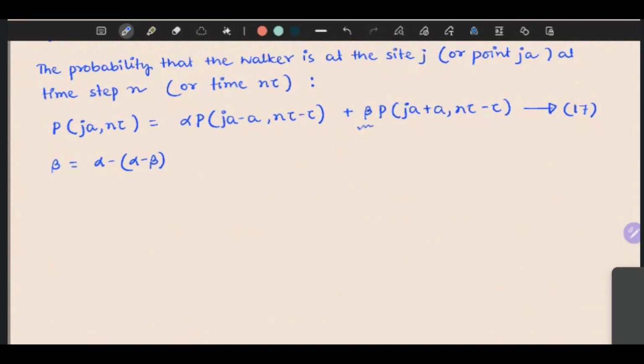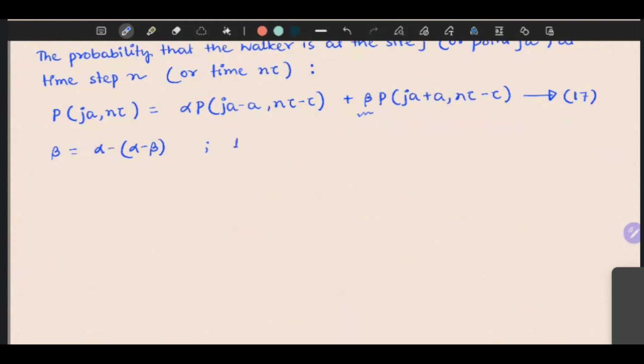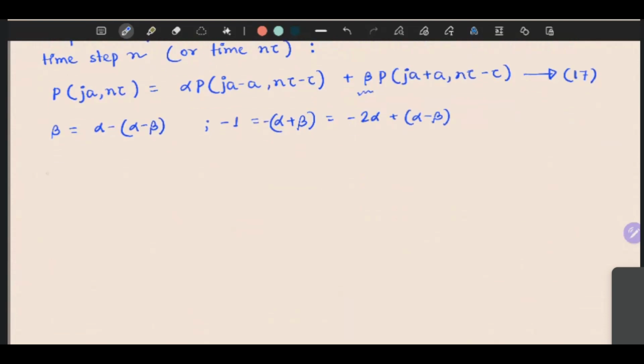Basically, you can write 1 as alpha plus beta, and minus 1 as minus of alpha plus beta, because alpha plus beta is equal to 1, and that is minus 2 alpha plus alpha minus beta. You can write it in this way.